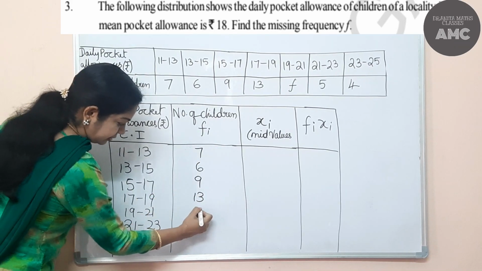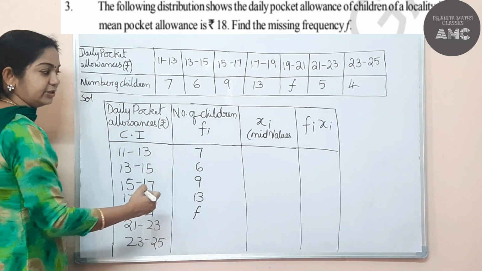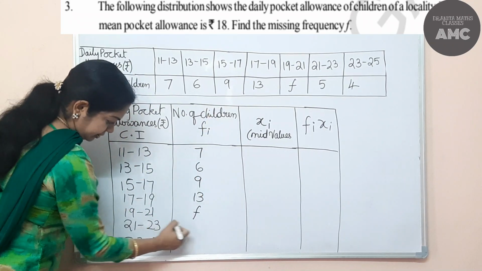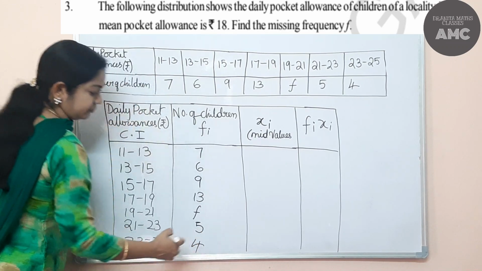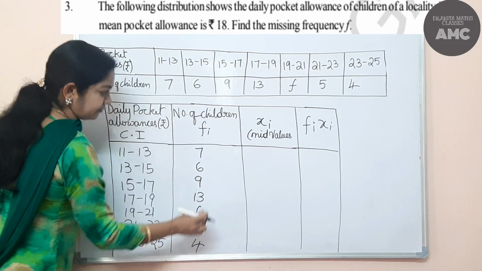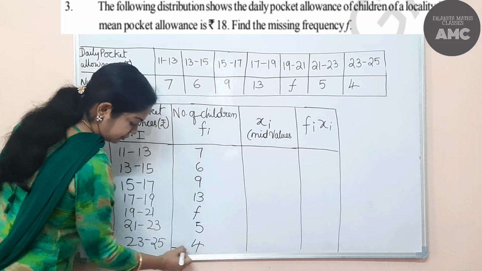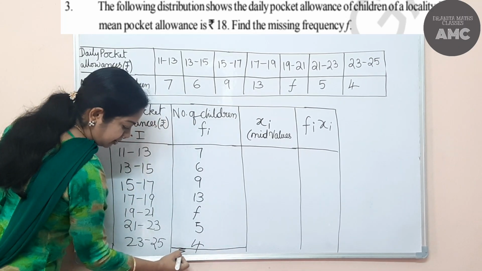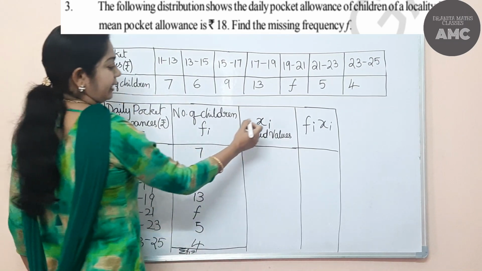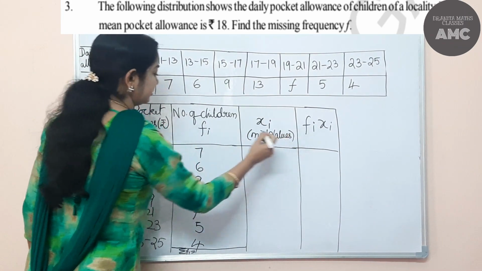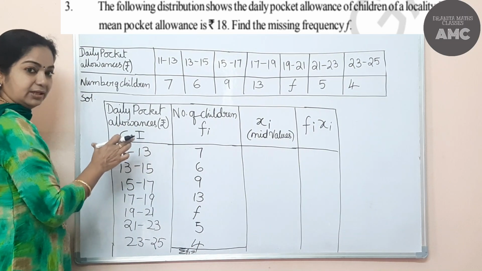The fifth one, this f value we need to find. The sixth one is 5 and 4. Okay. Here we will also find the sigma fi, that means the total of this. And xi is the mid values, right? Mid value of the class interval.